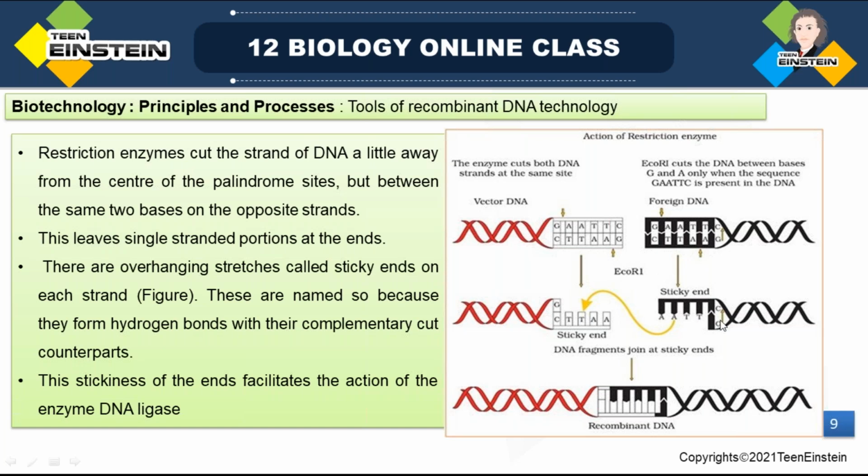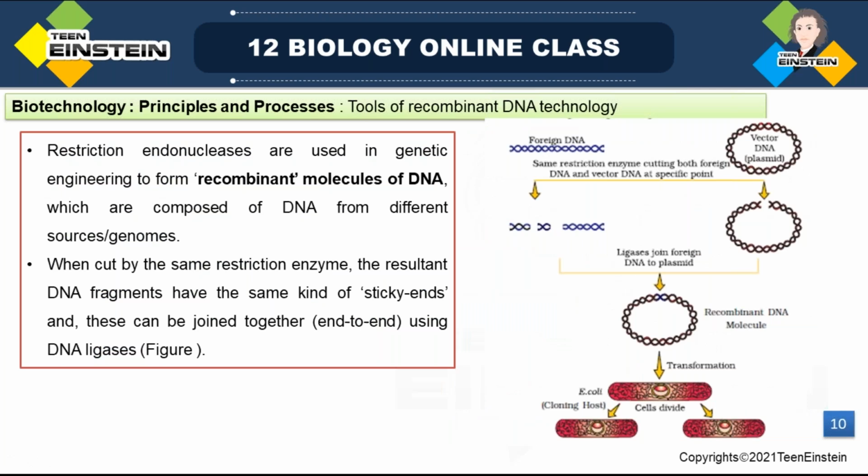The same restriction enzyme. So that makes similar sticky ends, and that helps in the joining. These similar sticky ends can be joined end-to-end with the help of ligase enzyme. Got it? So that's how recombinant DNAs are forming.